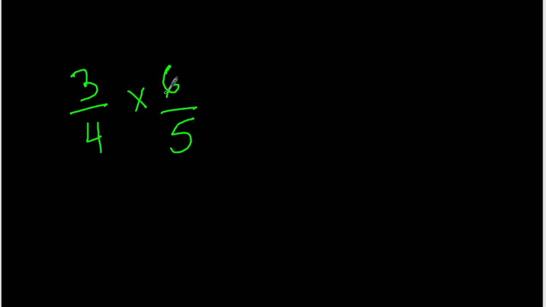So with multiplying fractions, you can simplify across. You can cross simplify. 2 is a number that can go into 4 and 6. So this is division: 4 divided by 2 is 2, and 6 divided by 2 is 3.